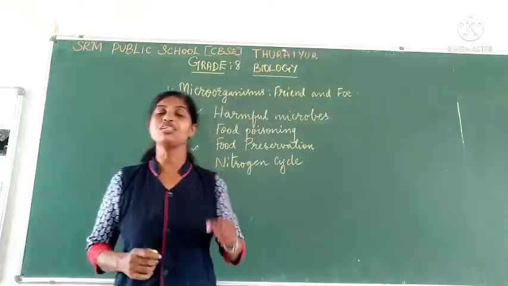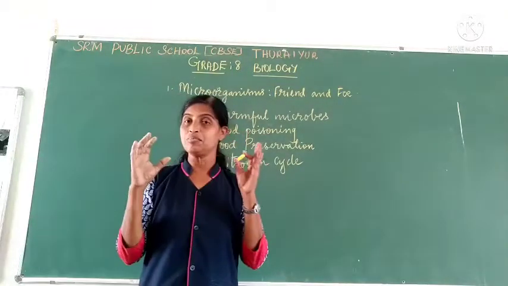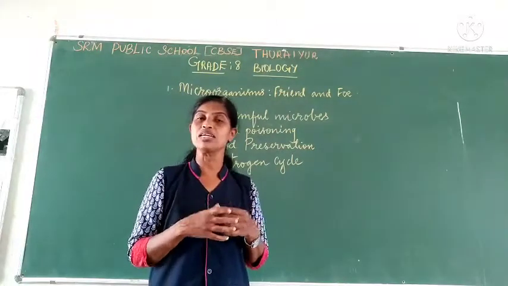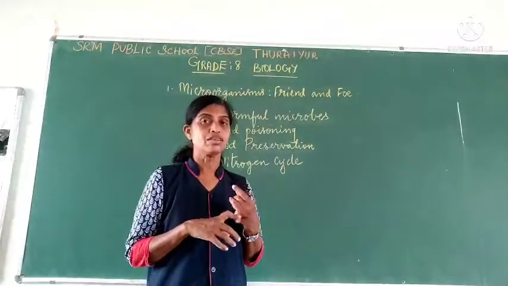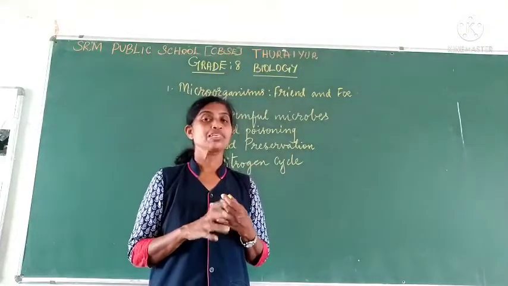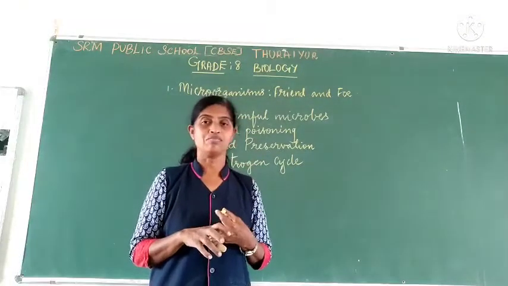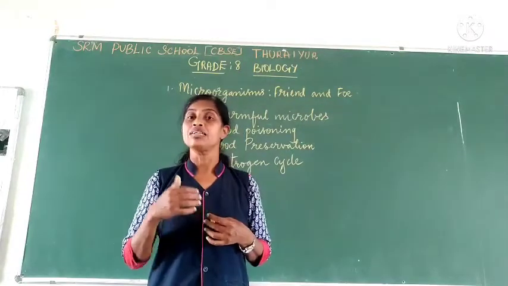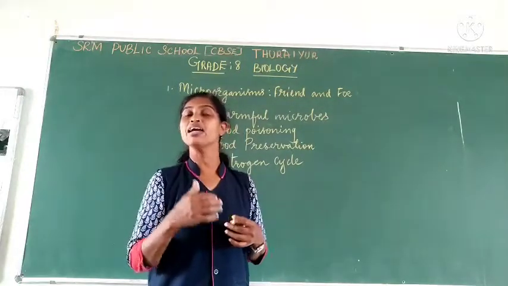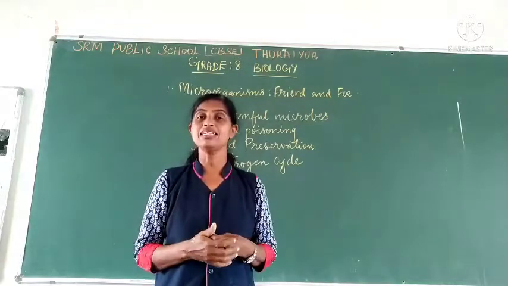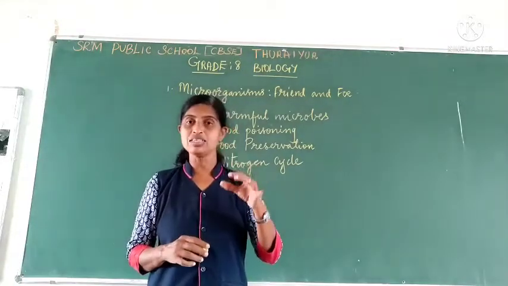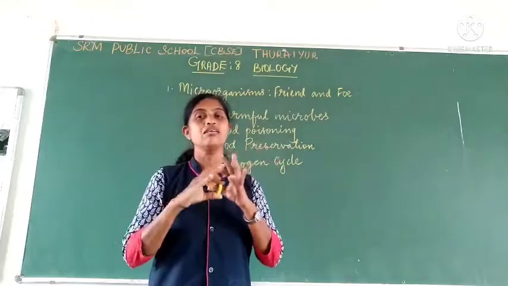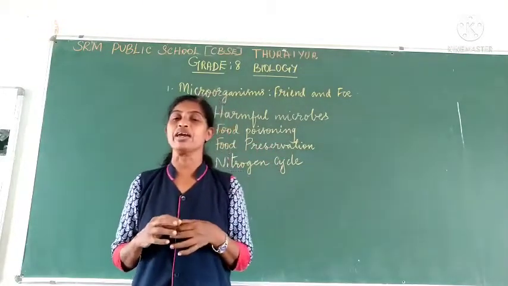First, let's recall the bacterial diseases. Which are the bacterial diseases we have seen? Tuberculosis, then typhoid, cholera. These are some examples of diseases caused by bacteria. There are many, but these are the ones given in the textbook as examples.